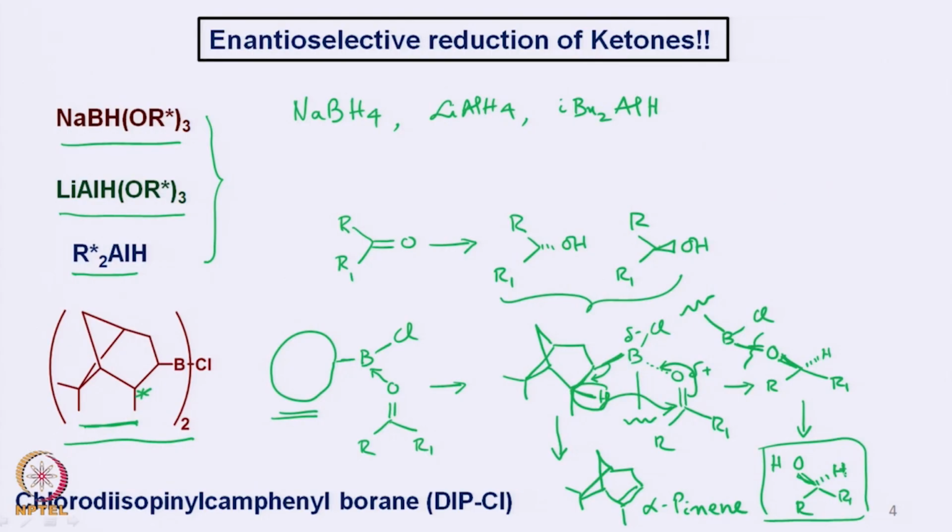So it is a bit expensive in terms of the chiral ligand to be used, and therefore there have been efforts to modify various reducing agents and see whether the chiral ligand used to modify the reducing agent can be used in a catalytic fashion or not.